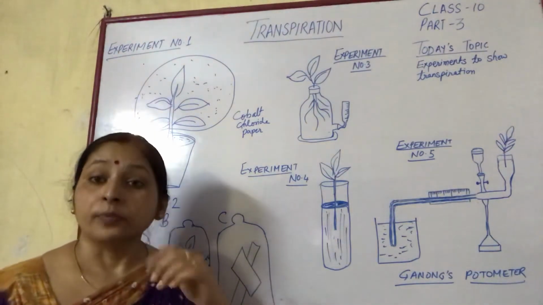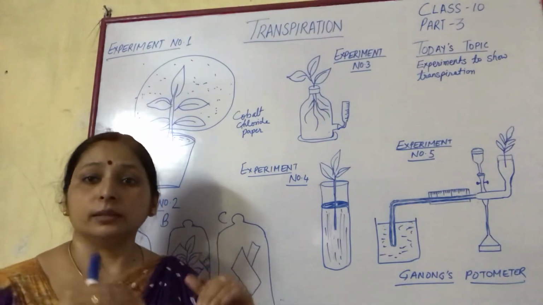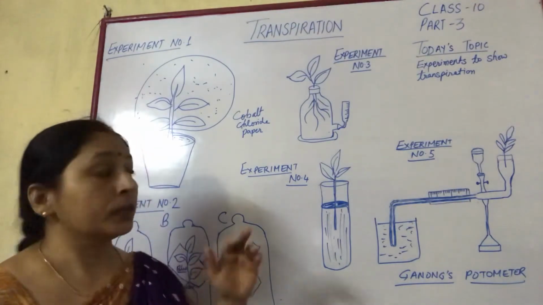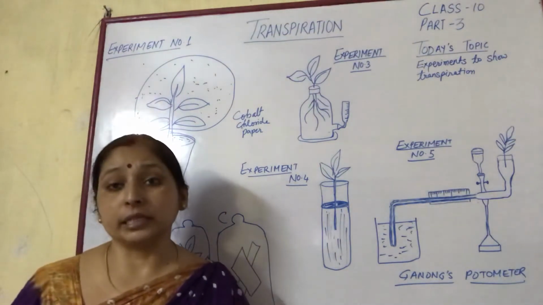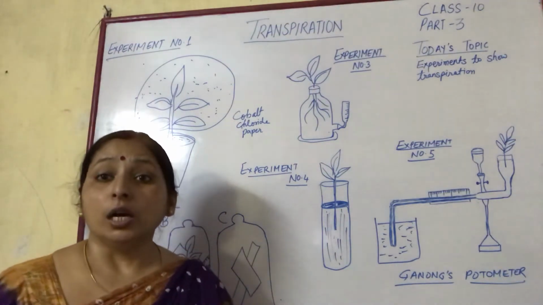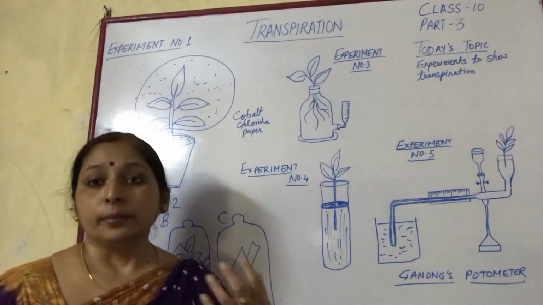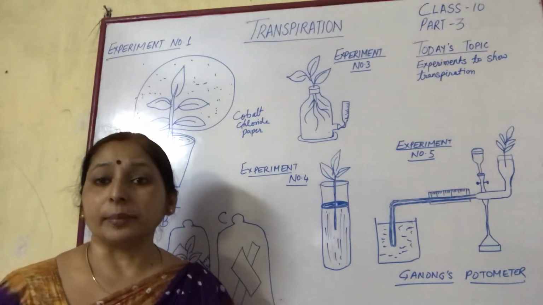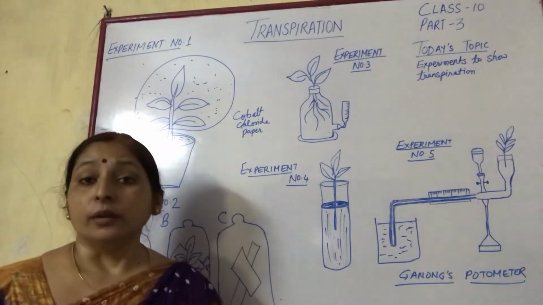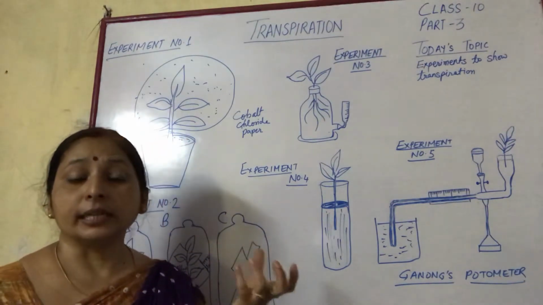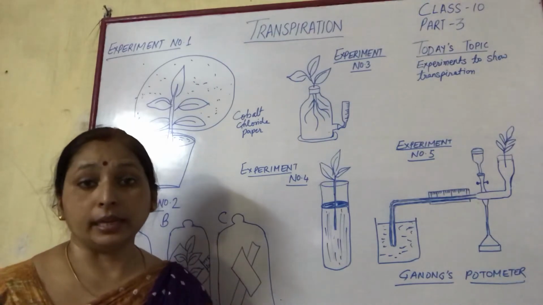To avoid that, only the plant is covered with the polythene bag from the base. Now the plant is kept for an hour or two in the sunlight, because temperature is a factor which affects the rate of transpiration, so the experimental setup is kept in sunlight.